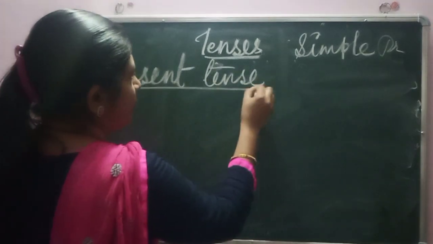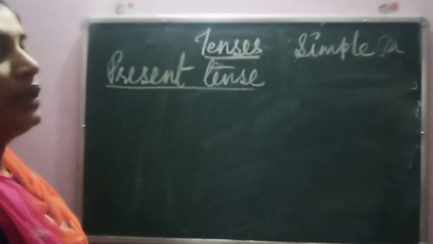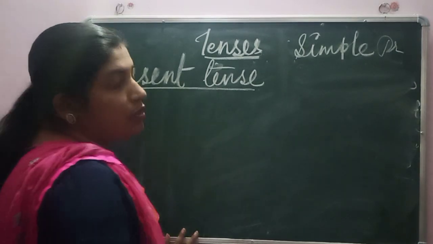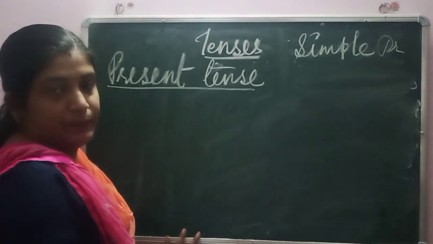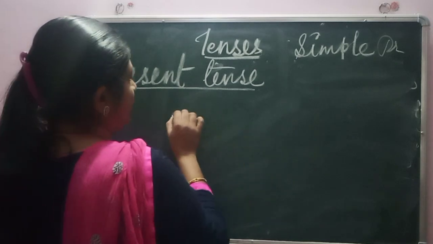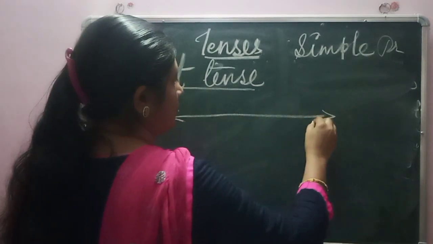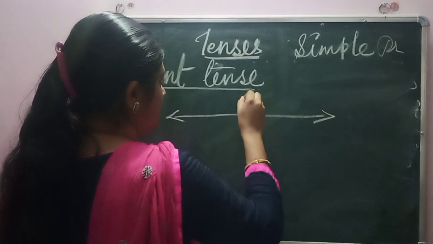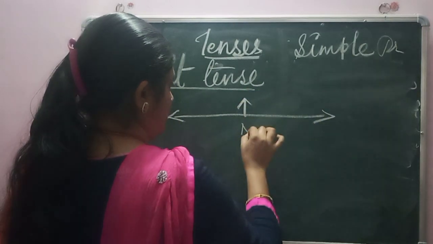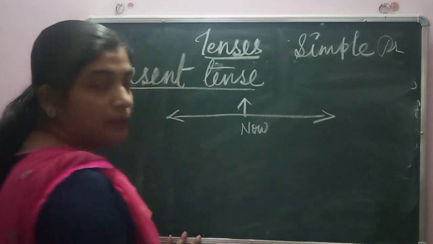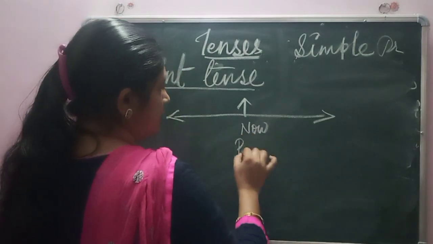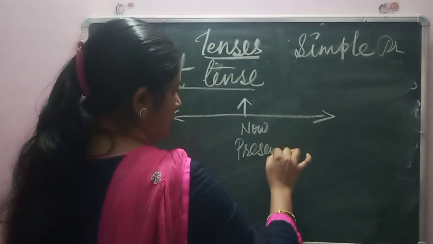You have to remember one thing. When you draw a timeline, then the tenses we can show like this. We are here. That is now. Clear? Here, this is present tense.